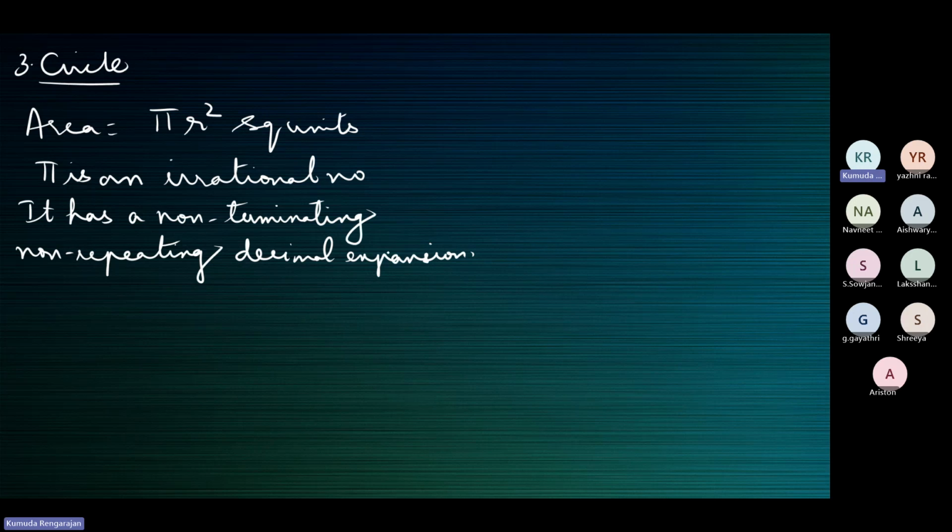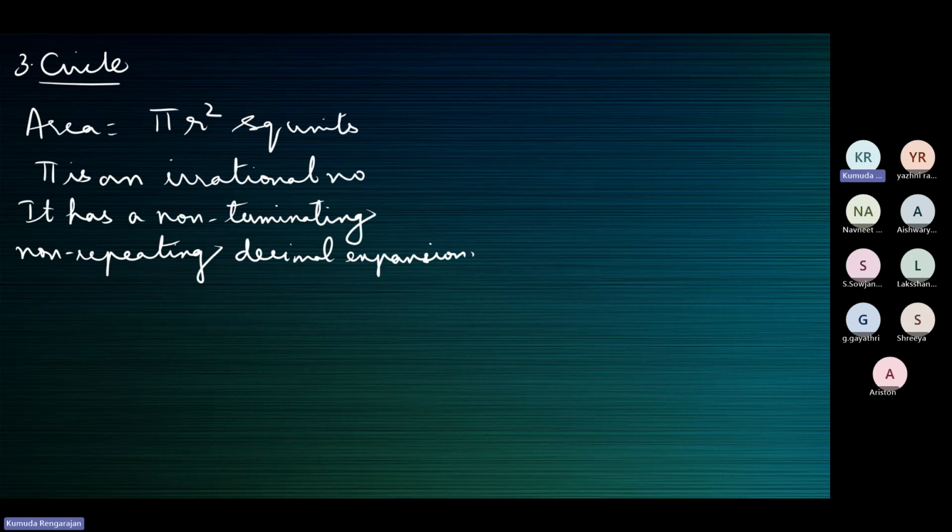Area is equal to pi r square, square units. Pi is an irrational number. It has a non-terminating, non-repeating decimal expansion. But for the sake of calculating area, we take pi as 22/7. The value of pi is not at all 22/7. It's a very, very rough estimate, just for the sake of computation.